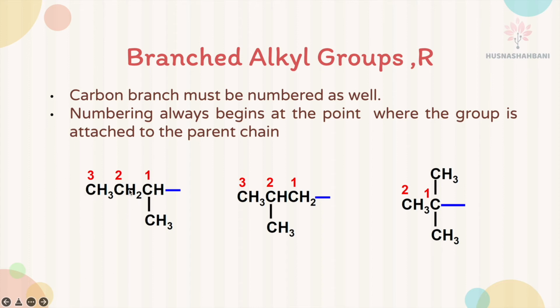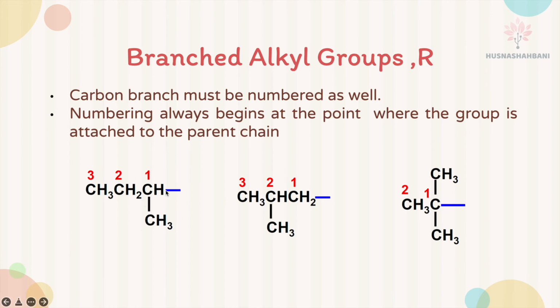If you look carefully, it looks like there is a branch on a branch. The methyl is on the branch, because this carbon is attached to the parent, and you call this carbon a branch carbon. And then this carbon is a branch on the branch. So that is a branched alkyl group. The alkyl group has a branch in the branch.